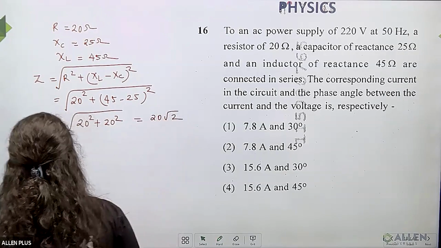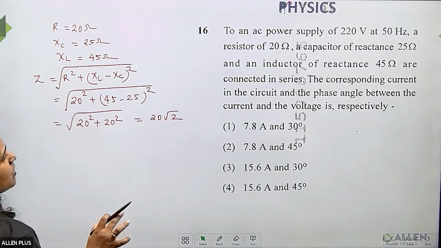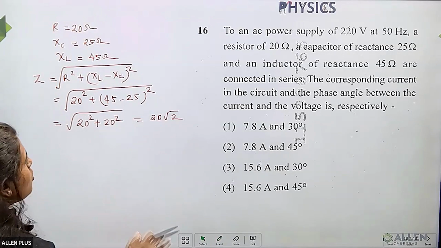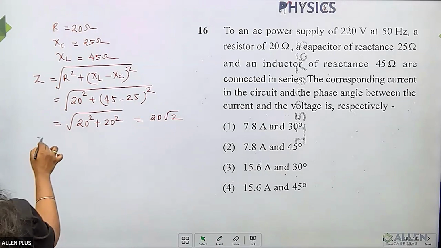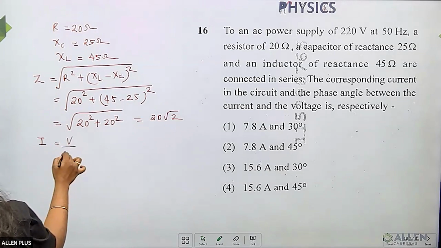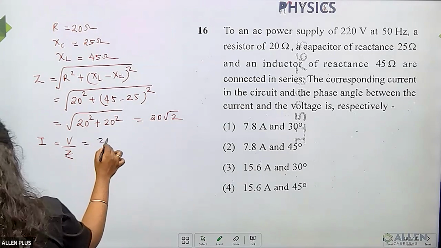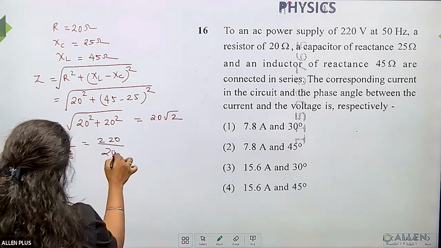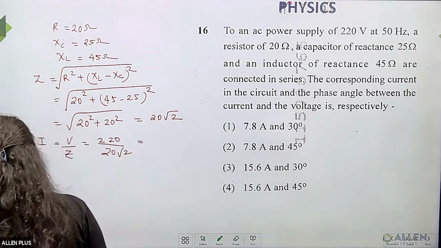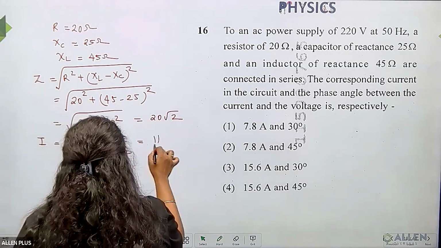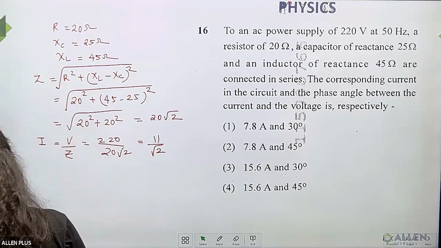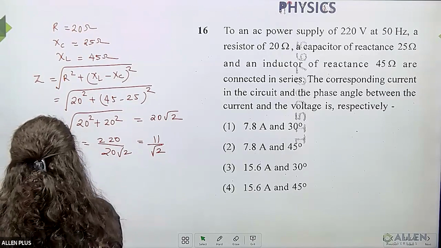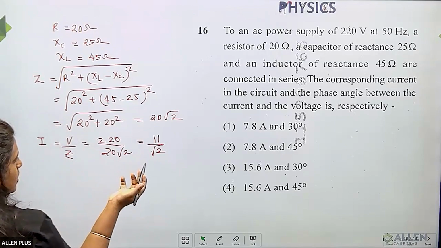Now, the voltage value which is given. What is the voltage value? 220 volt. The current can be obtained by the voltage divided by the impedance, which is equal to 220 volt divided by 20 root 2. This is equal to 11 by root 2. Okay, 11 by root 2 is not there in the options.